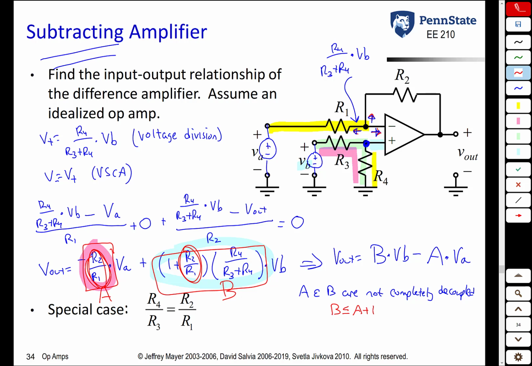There's a special case of the subtracting amplifier. If you set the ratio of R4 over R3 equal to R2 over R1, what we're going to see from the second term is that 1 plus R2 over R1 times R4 over R3 plus R4, if you take that right term there and divide everything by R3, that now becomes what? 1 plus R2 over R1 times R4 over R3 is just R2 over R1, and R3 over R3 is 1.